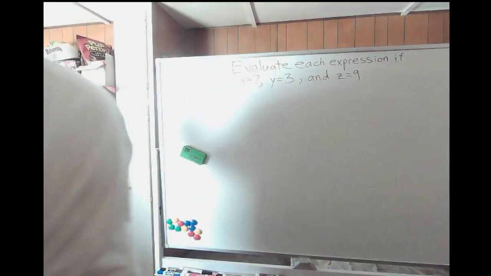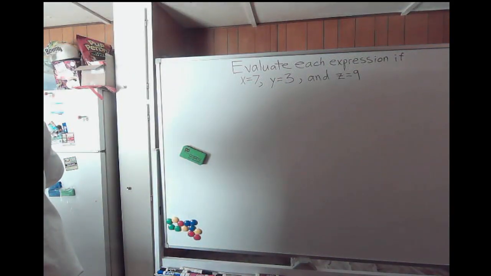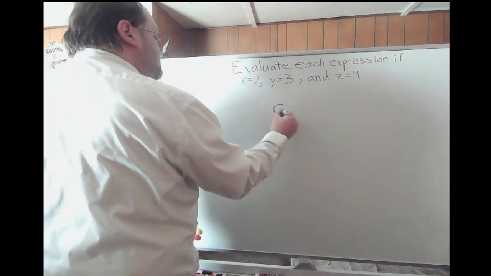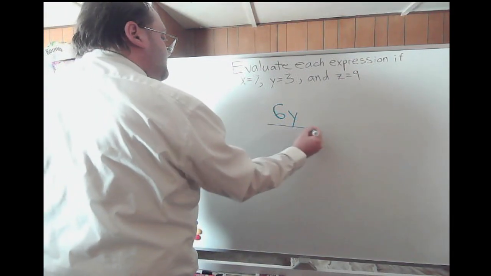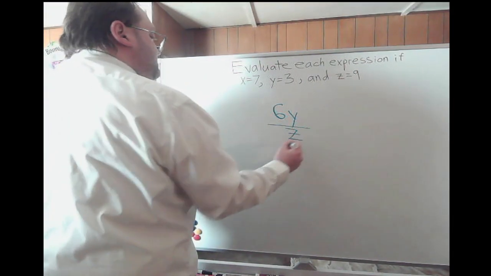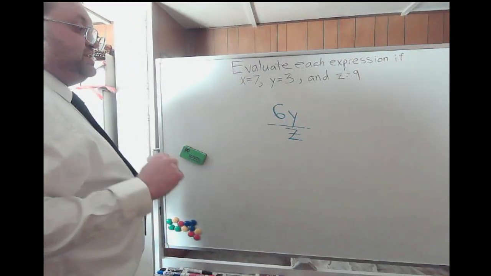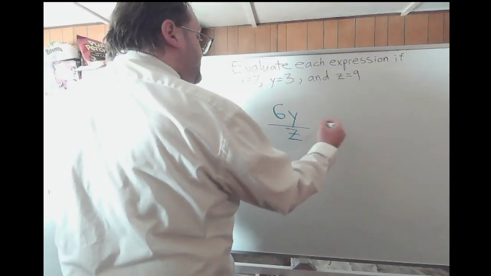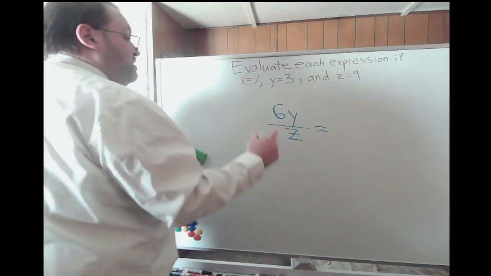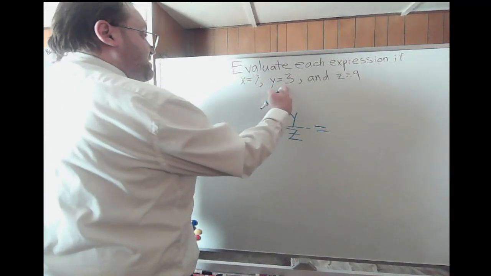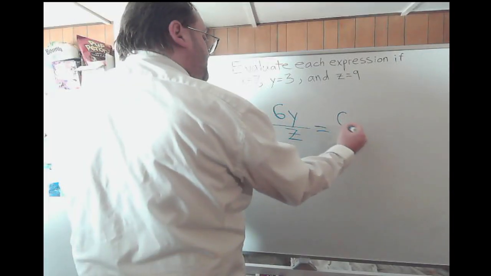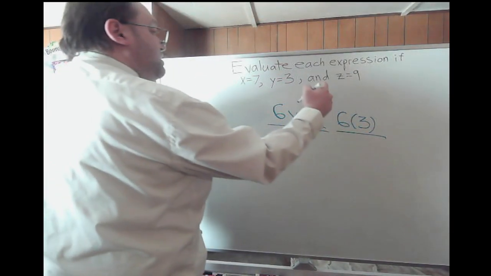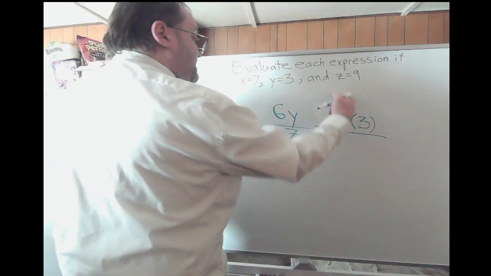Alright, well, we've done a lot of z's. How about if we have 6y over z? Well, again, wherever you see the y, you'll stick in 3, because y equals 3, so you would have 6 times 3 over the z, which z equals 9.